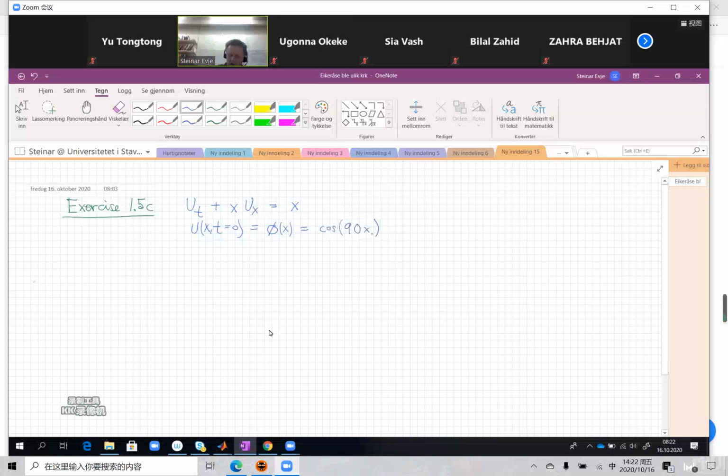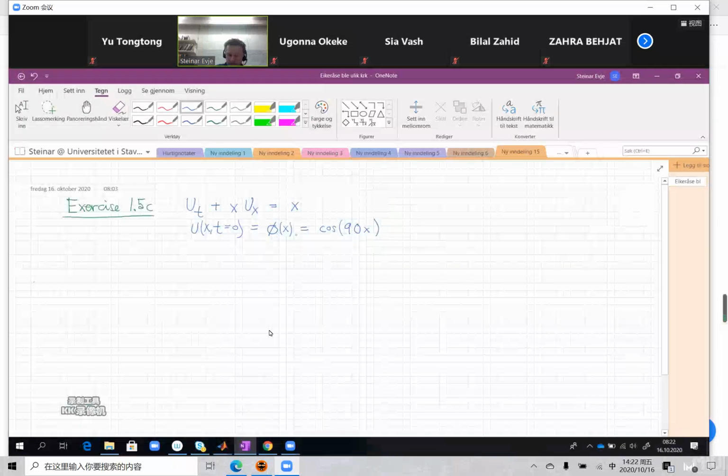But it's only in the final step, when we have computed a solution and expressed it by means of the initial data phi, that we can replace phi by this specific choice.